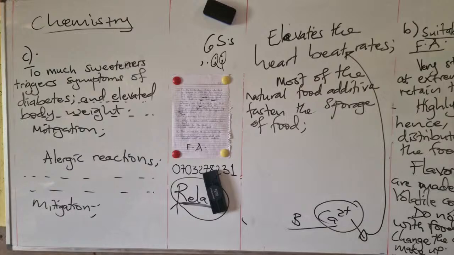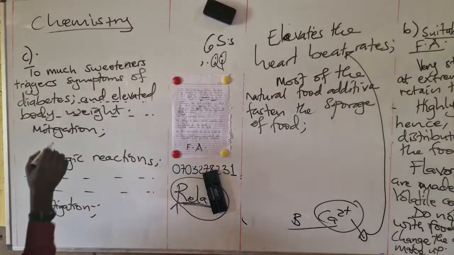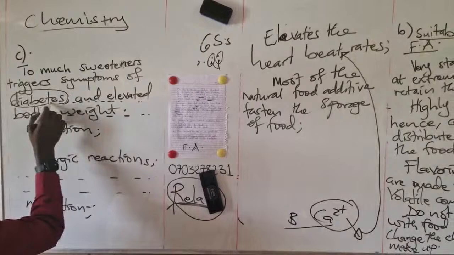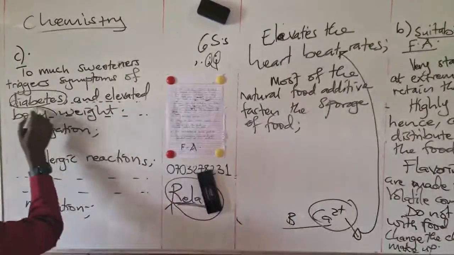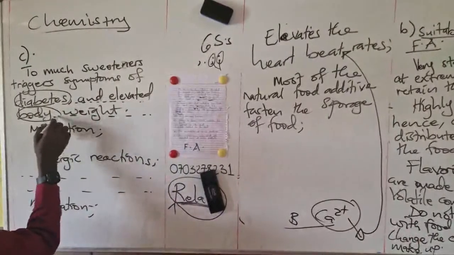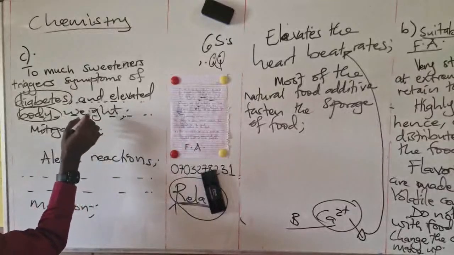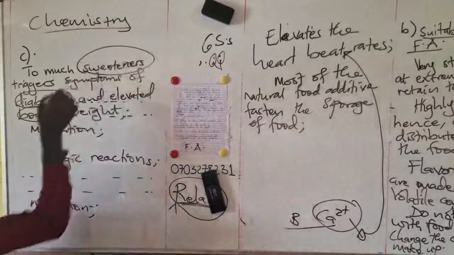Nachito, diabetes. Not always that a diabetic person is obese. This is another impact of overusing sweeteners.